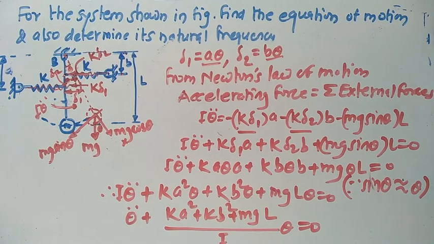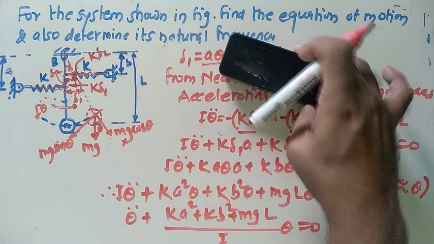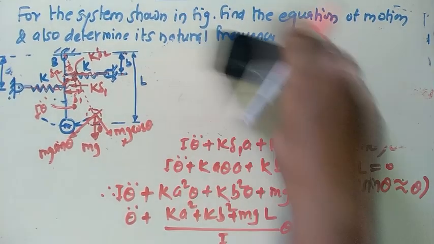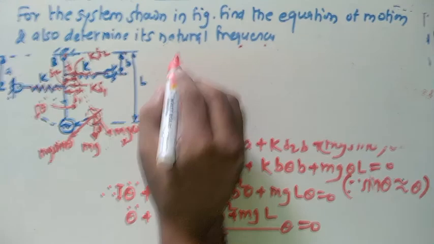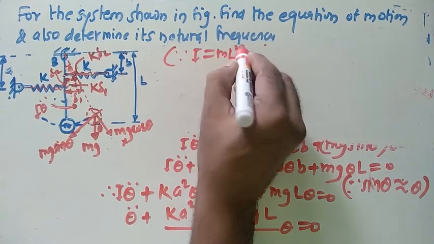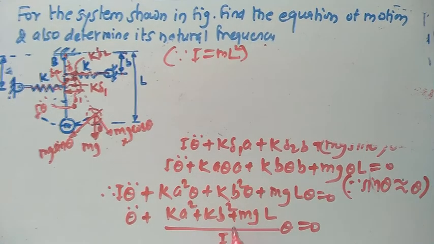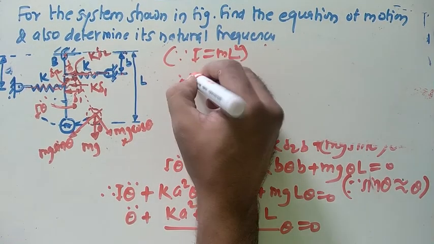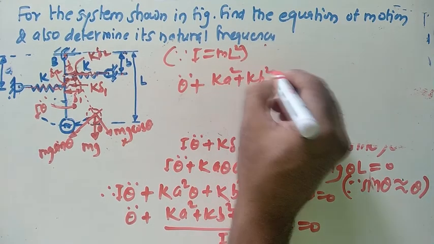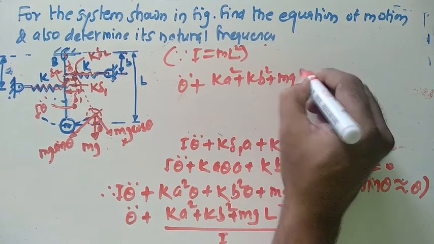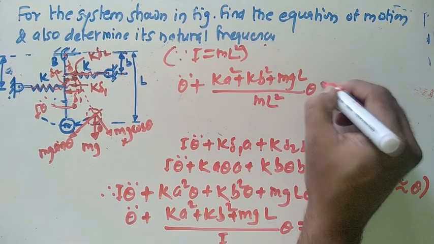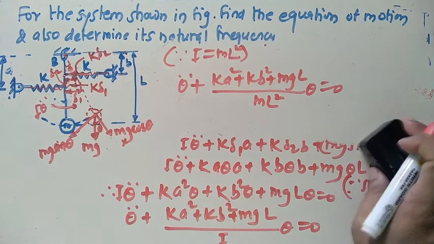For the concentrated mass, we know I equals to m l square. Just simplify this one. Theta double dot plus (k a square plus k b square plus mgL) divided by m l square, into theta, equals to 0.